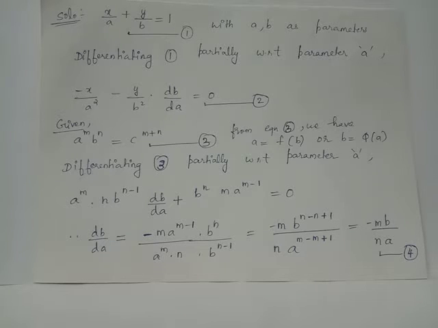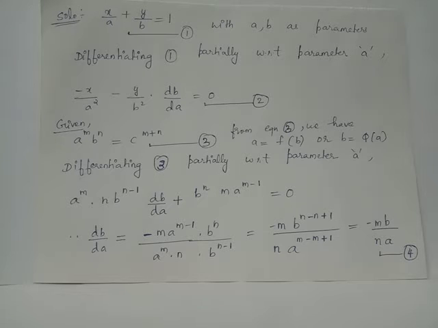Now we will partially differentiate equation 3 with respect to parameter a. We will have to make use of the product rule of differentiation when you take the derivative of the LHS. First function a raised to m into the derivative of b raised to n, plus the derivative of first function a raised to m times b raised to n, equals 0, because the derivative of c raised to m plus n with respect to a equals 0.